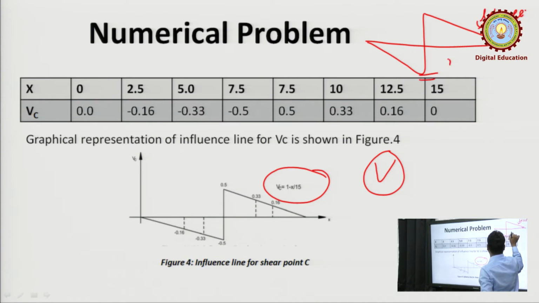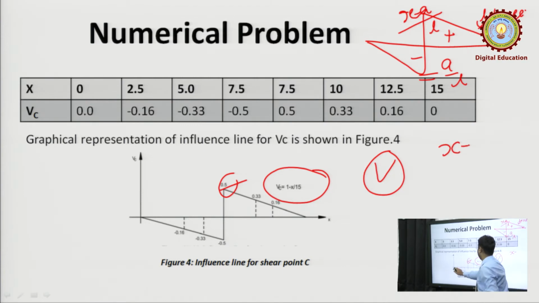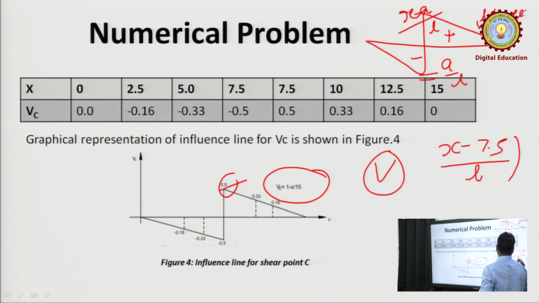This ordinate will be a by L. This ordinate will be x minus a upon L. Now just put the value 7.5 here: x minus the value of a, which is 7.5, upon L.